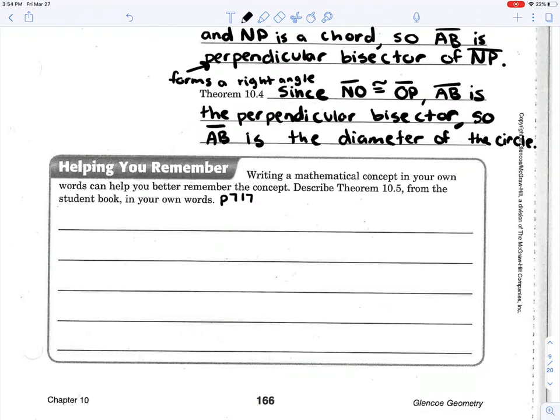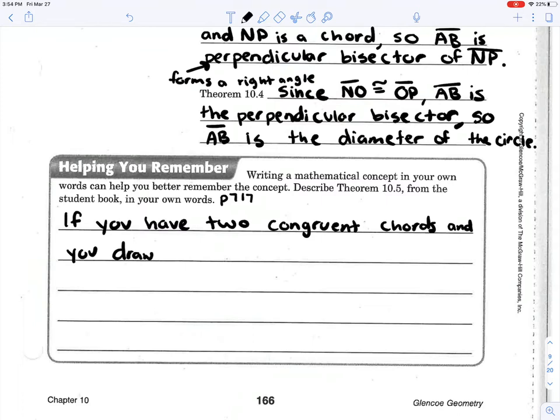So theorem 10.5 starts with two chords being congruent. So I would say something like, if you have two congruent chords, then it's talking about something that's perpendicular to the first chord.